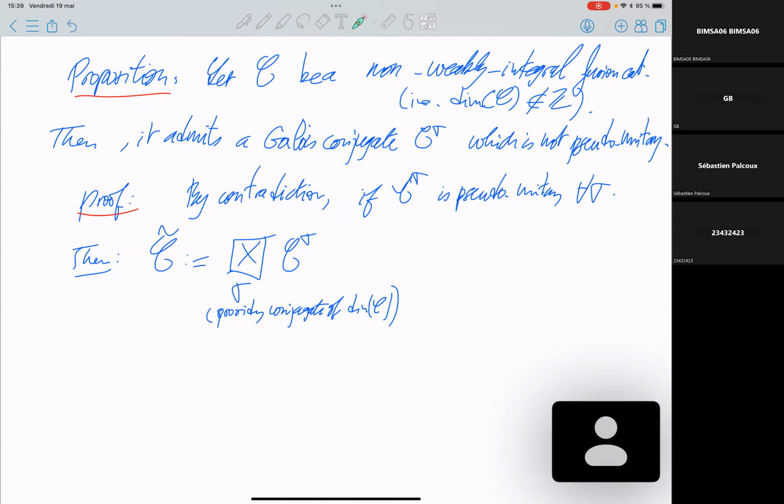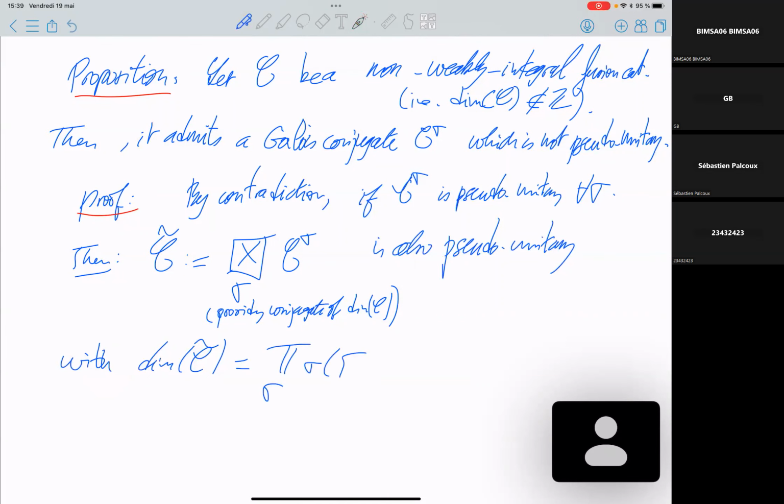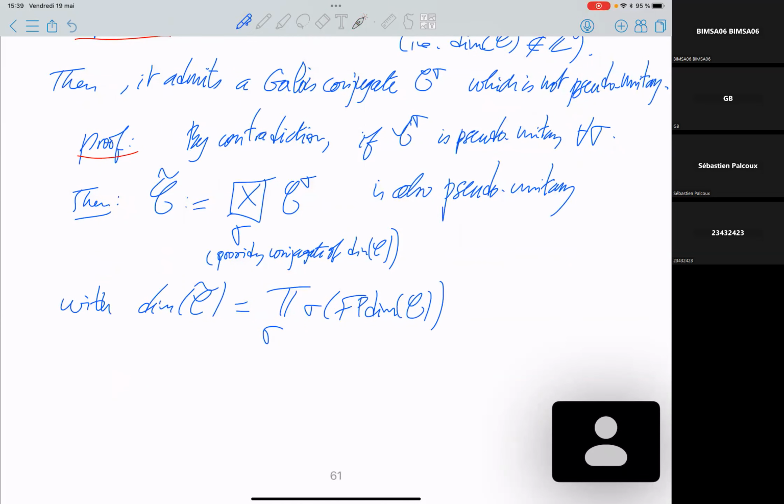So if they are all pseudo-unitary, the tensor product is also pseudo-unitary, with dimension equal to the product of the conjugates of the Frobenius-Perron dimension of C. In particular, C itself is pseudo-unitary because you just take the trivial conjugate; they are all assumed to be pseudo-unitary.